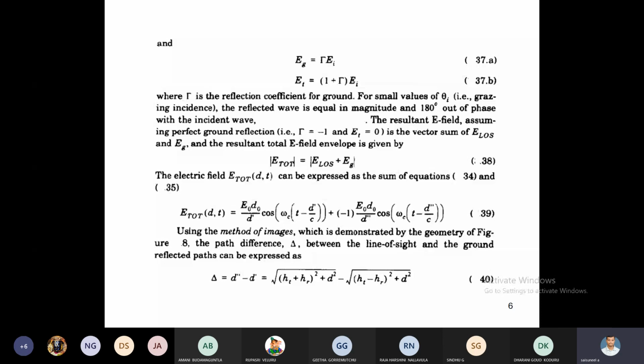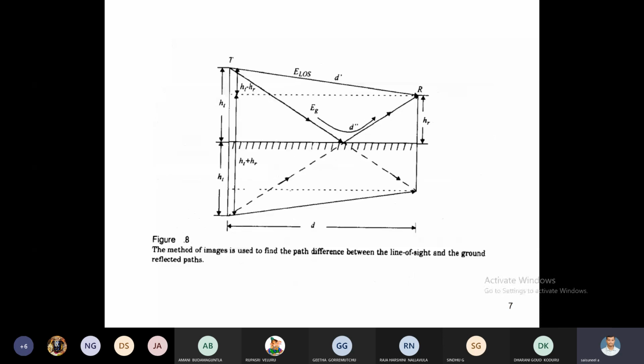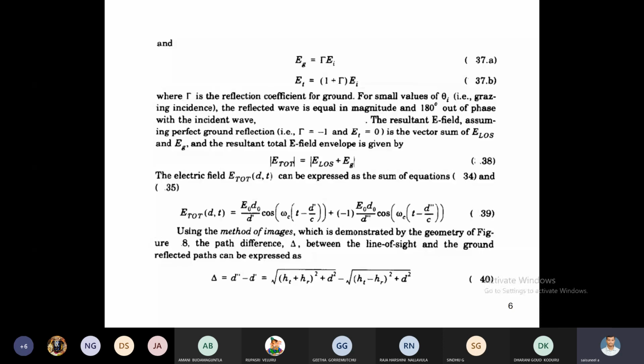That's why, from this figure, we draw a triangle to calculate d double dash minus d dash, which is equal to root of (ht plus hr) square plus d square minus root of (ht minus hr) square plus d square. This is based upon the method of images.